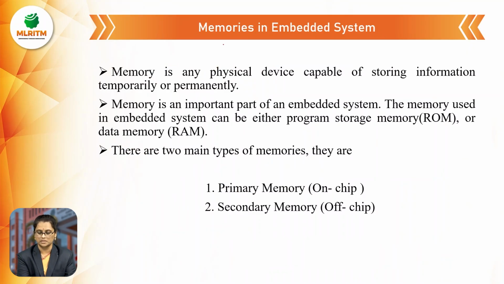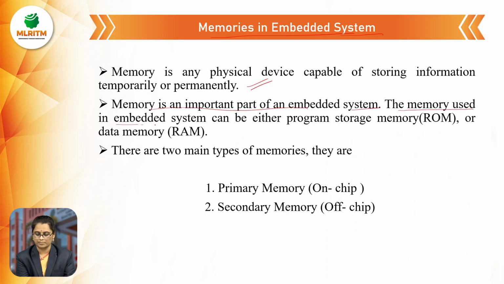And next, coming to the memories in embedded system. So memory plays a key role. For what purpose we can use memory? To store the data or information permanently or temporarily. Memory is an important part of an embedded system.